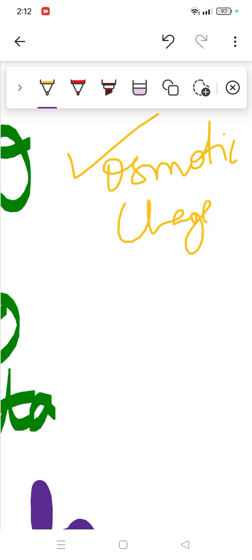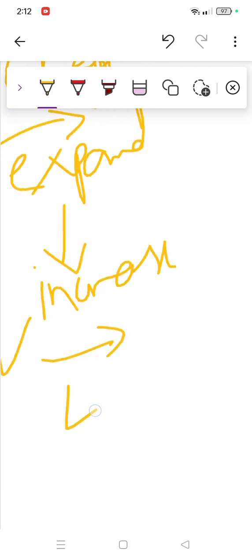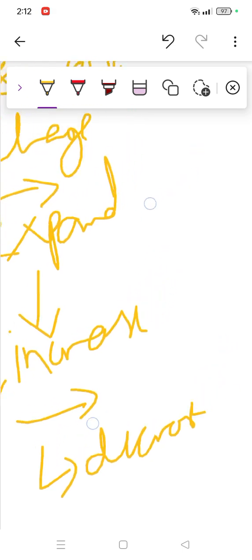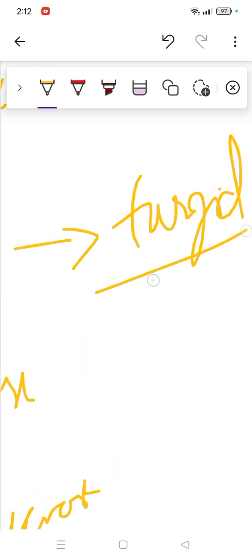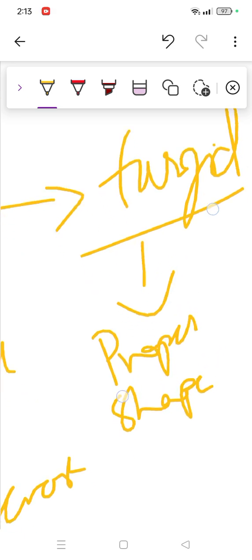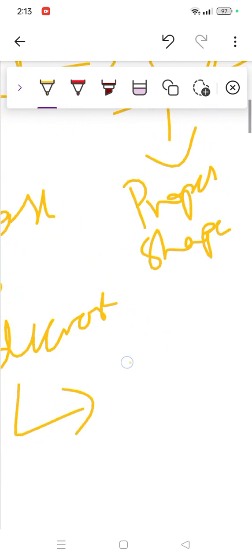If water moves into the cell, the cell expands and its size increases. If water moves out of the cell, it shrinks and its surface decreases. When cells expand, they become turgid, hard, with a proper shape. If water moves out, they become flaccid.